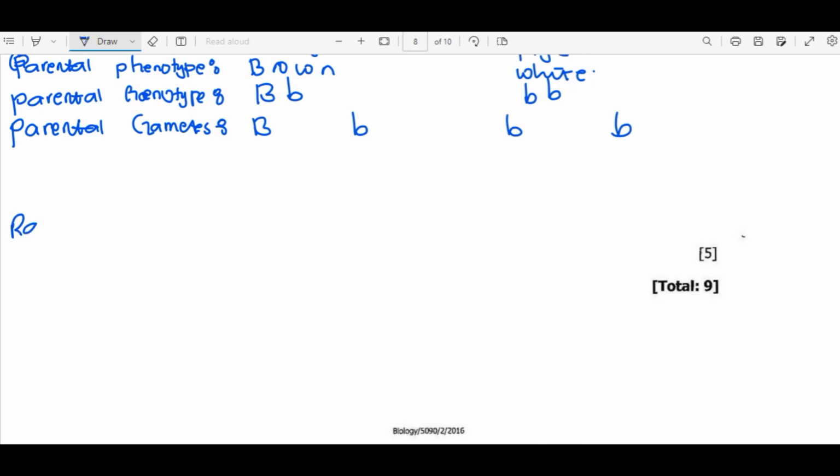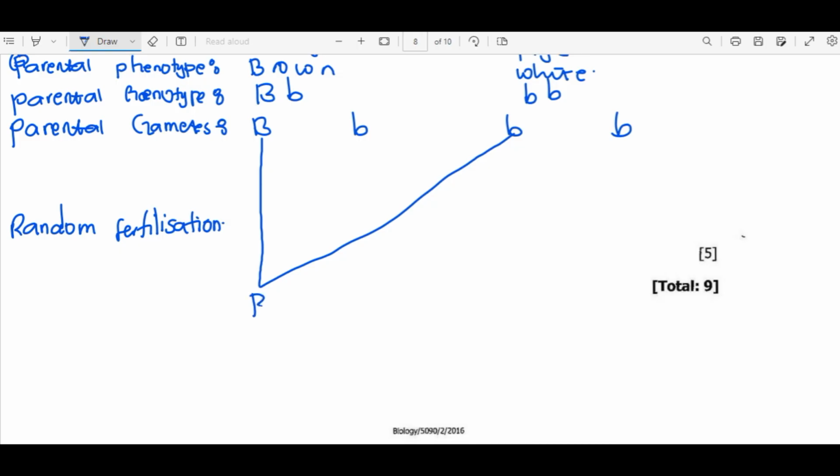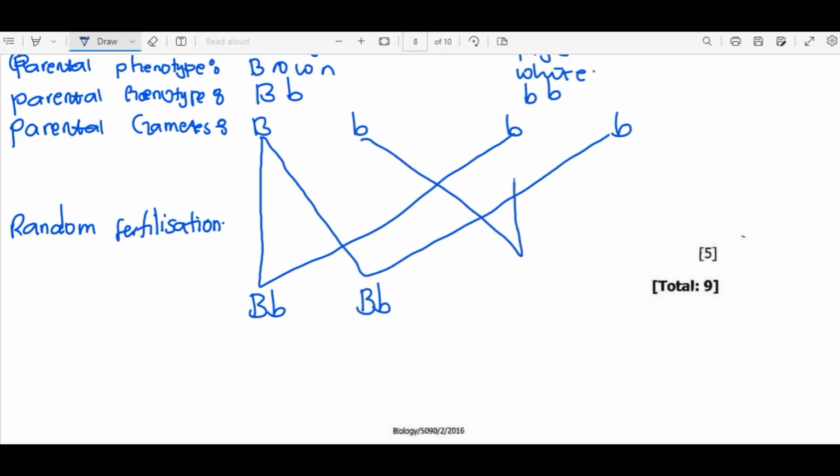Then random fertilization. Heterozygous for brown. Another heterozygous for brown. Then heterozygous. So say heterozygous, I mean homozygous.